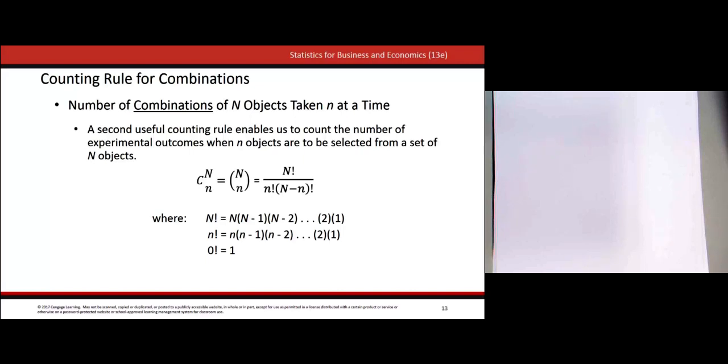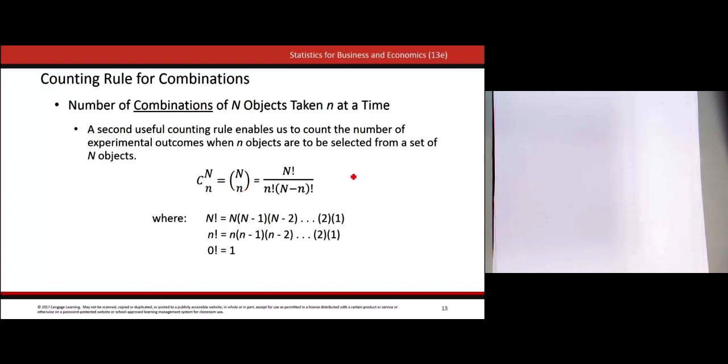How many different ways can you select 2 students from maybe 100 students? Combination enables us to count the number of outcomes when n objects are to be selected from a set of N objects, which is combination N choose n. So this is not divided by n.